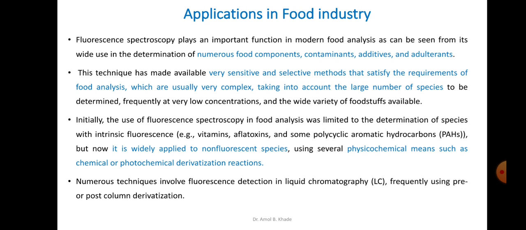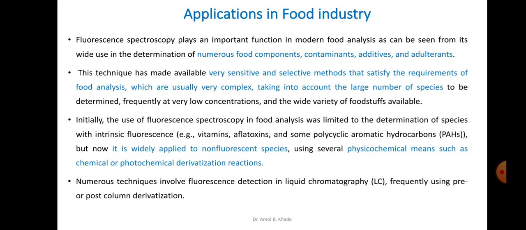Fluorescence spectroscopy plays a very important role in modern food analysis, as can be seen from its wide use in the determination of numerous food components, contaminants, and additives which are added, and most importantly we can determine the presence of adulterants along with their amount.